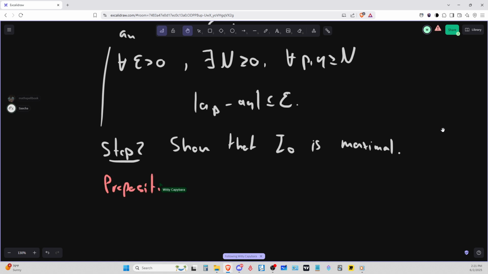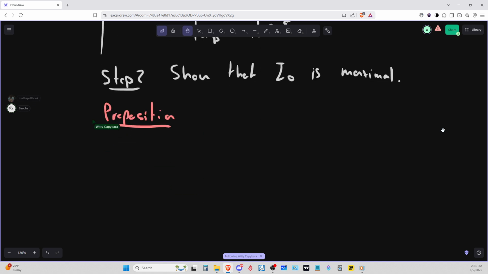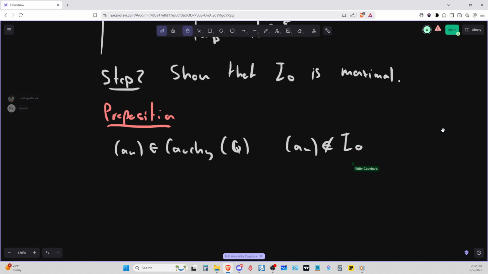So here's a proposition that I'm going to prove, and it will be useful because it will enable us to define inequality for the real numbers afterwards. Let AN be a Cauchy sequence, and assume that AN is not inside of I0.